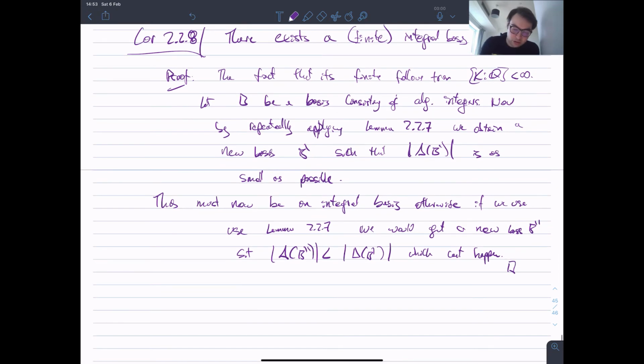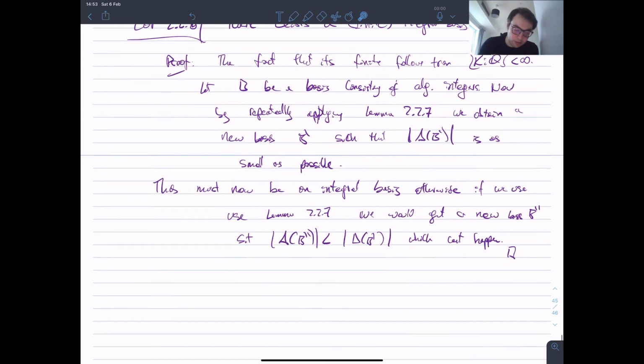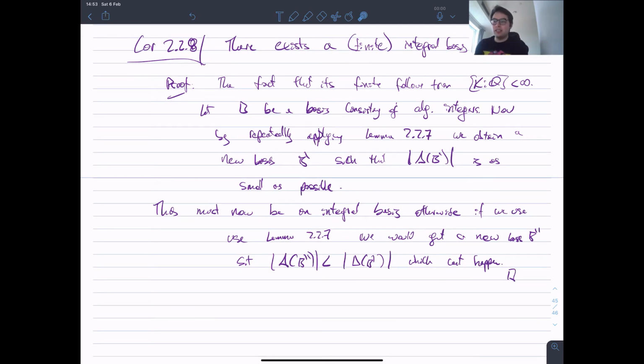So this contradicts our choice of B prime. So an integral basis always exists, and this lemma is somehow telling you how to do this.